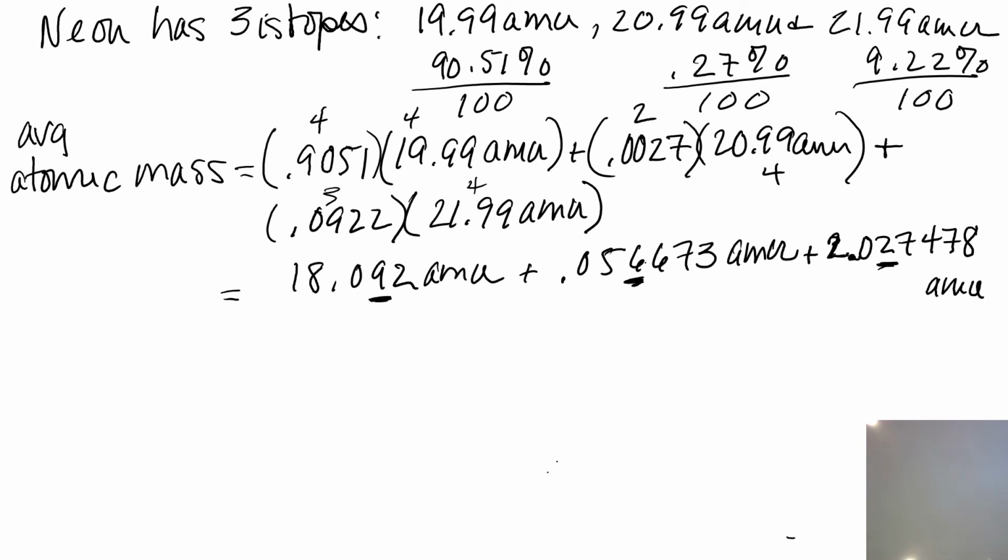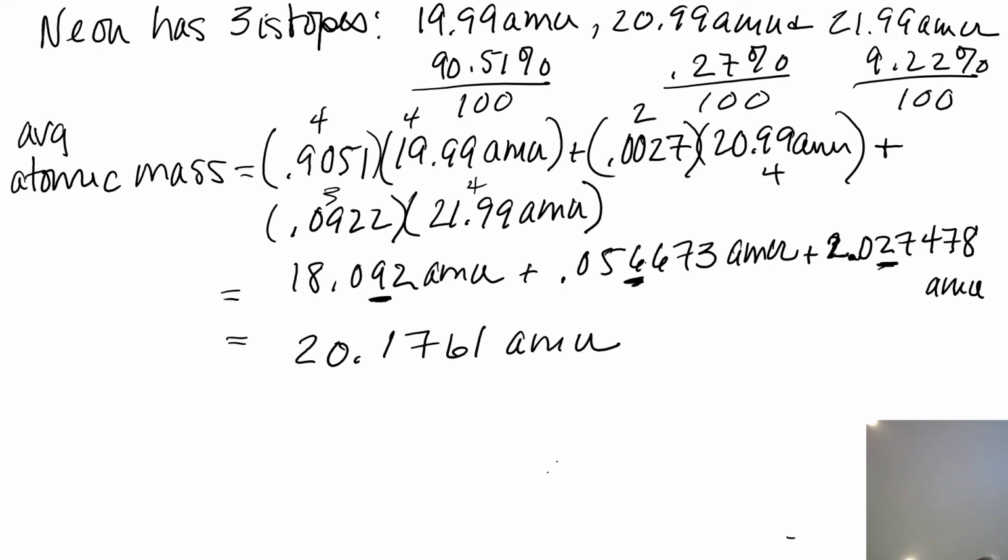Now I'm going to add all 3 of these results together using most of the numbers. I gave 4 decimal places here. So 20.1761 AMUs.